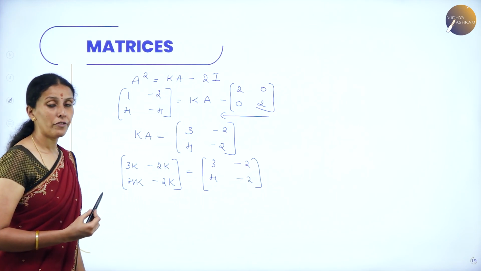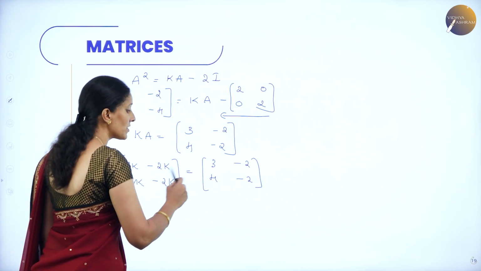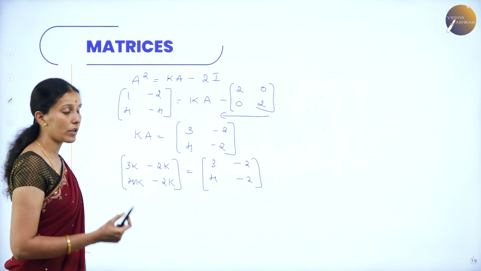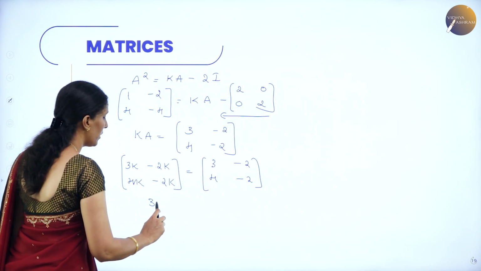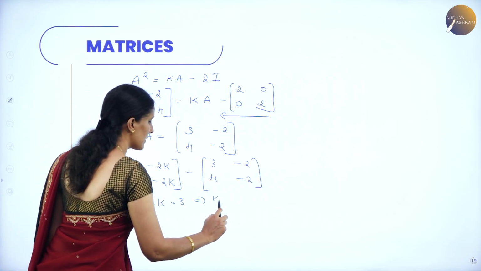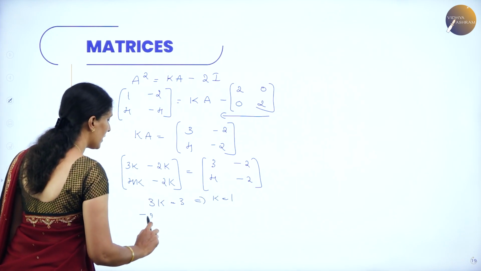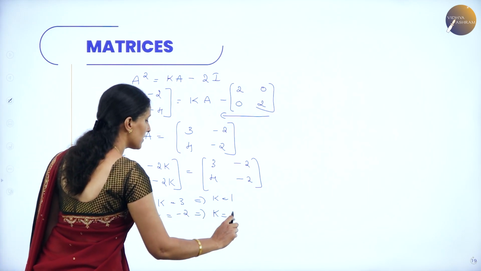Now we just need to find the value of k. So equate here, because two matrices are equal. When we say two matrices are equal, corresponding elements are equal. So just equate any one of them. If you equate 3k with 3, this implies k is equal to 1. Or minus 2k is equal to minus 2, this also gives k is equal to 1.